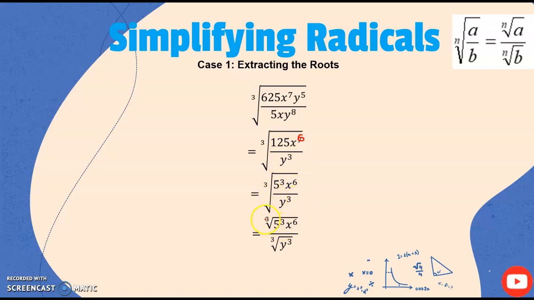Then you put them in this form, and then you can put them into rational exponents, 3 over 3, 6 over 3, or maybe you can divide it already. 3 over 3, 6 divided by 3. So the answer is 5, and since 6 over 3 is 2, it's x squared and y. Alright? Then let's proceed to the last example.